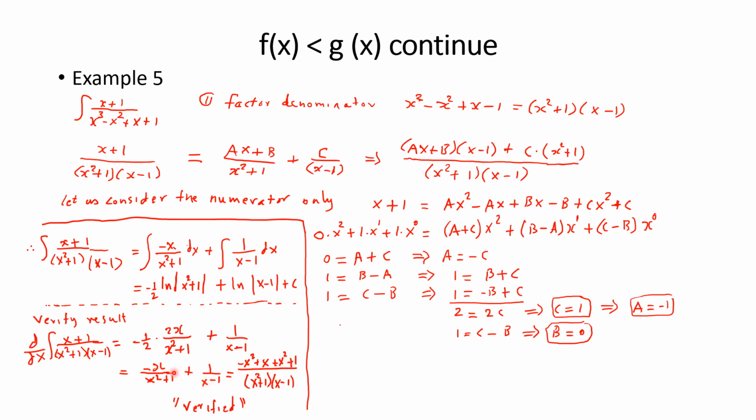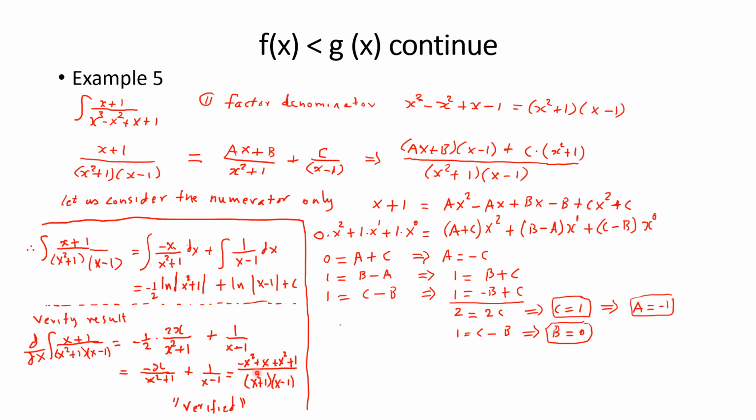You cross multiply over here, you say negative x multiplied by x minus 1, it'll give you negative x squared plus x, because negative x by x is negative x squared, negative x by negative 1 is plus x, and then over here plus x squared plus 1.